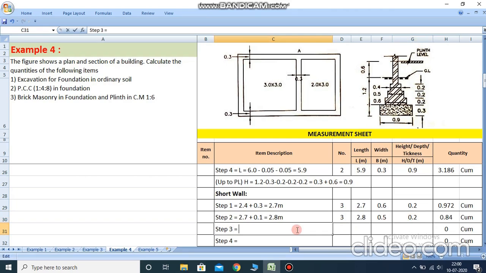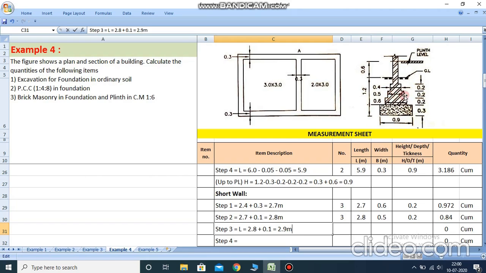Now for step 3, the length is equal to 2.8 plus the difference between the second step and third step, which is a 0.1 difference. So we directly put 0.1, or we put 0.05 on the left side and 0.05 on the right side, equal to 2.9 meter.